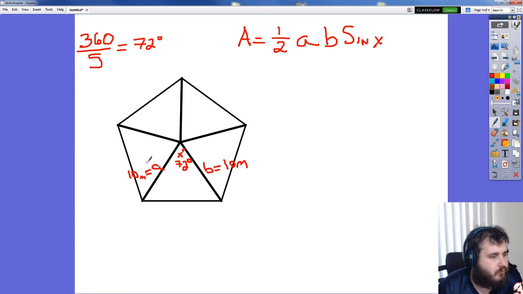For every octagon, if you divide, you're going to see that every angle here is going to be 45. So you only really have to do it once, this middle angle here. If you know what the middle angle is for a pentagon, you can just figure it out. So we can just plug these in now.